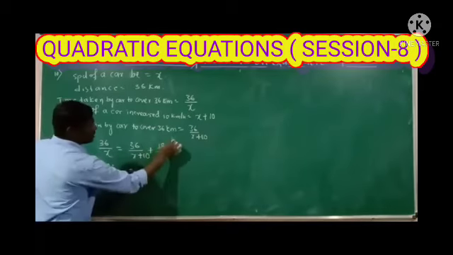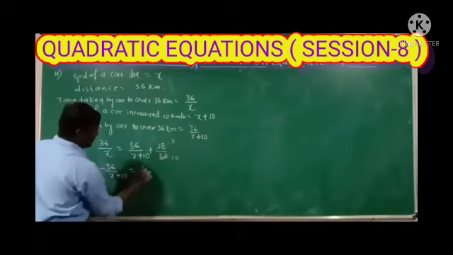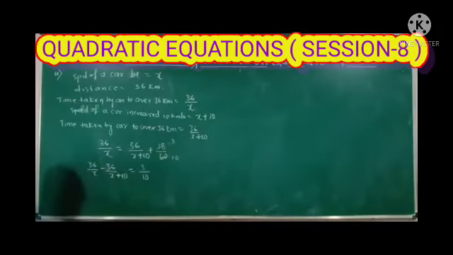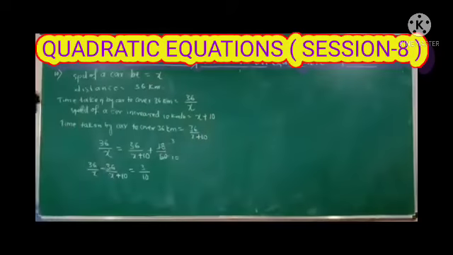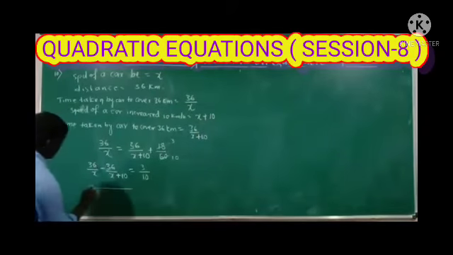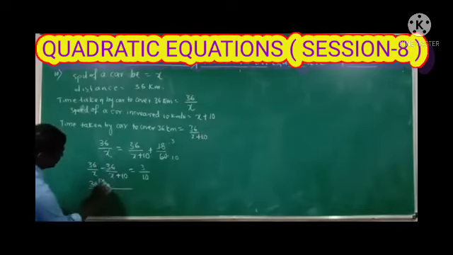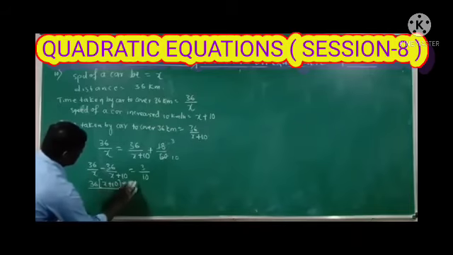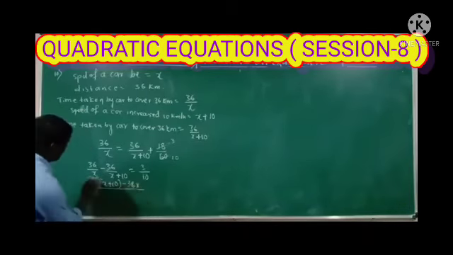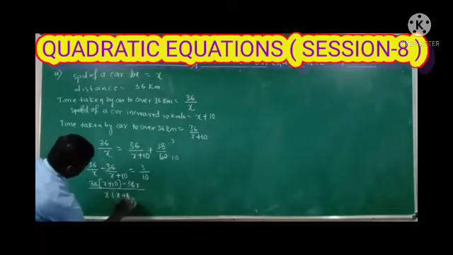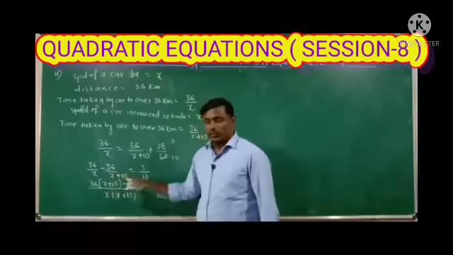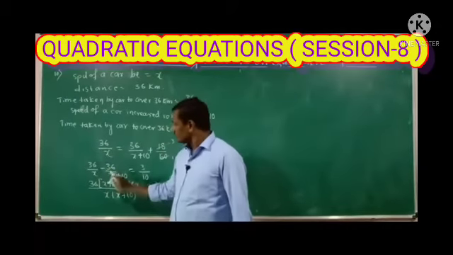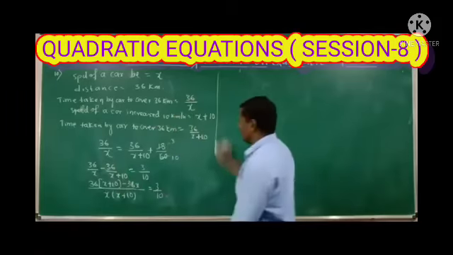So 6 3s are 18, 6 10s are 60, so it is 3 by 10. Now take the LCM. 36 into x plus 10 minus 36x, and the LCM is x into x plus 10, which is equal to 3 by 10. We are just cross multiplying x plus 10 into 36.